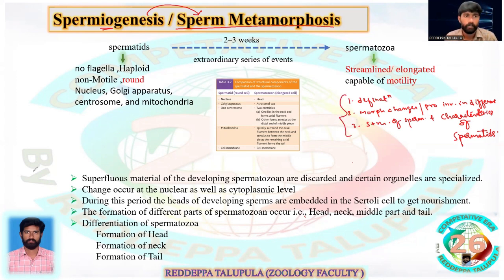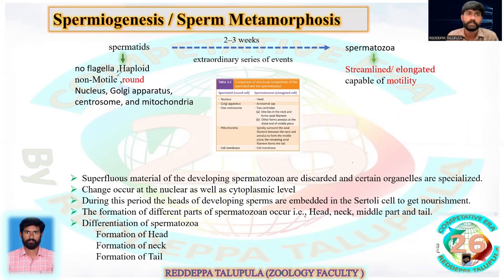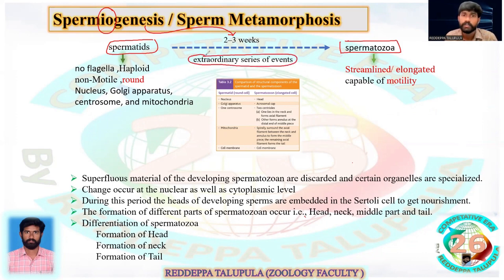Now, first one, definition. What is meant by spermiogenesis? That means differentiation of spermatids into spermatozoa is known as spermiogenesis. This process takes around 2 to 3 weeks, and a series of extraordinary events happen, and this structure will be converted into spermatozoa, which is also called sperm.